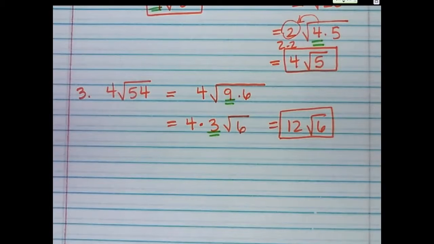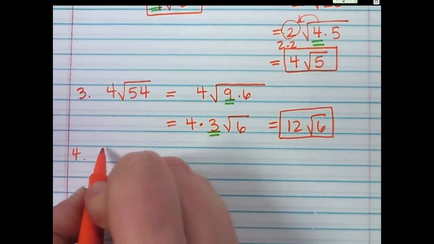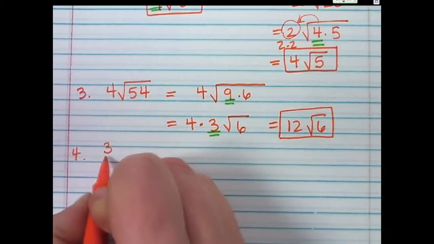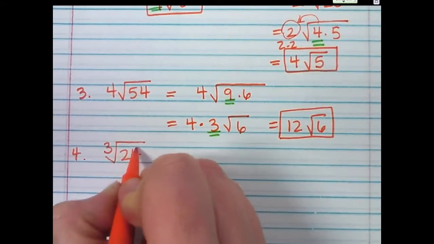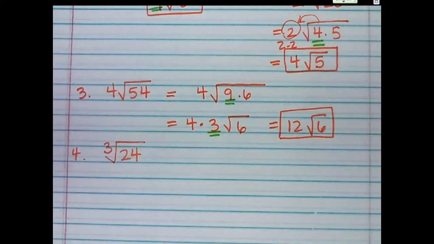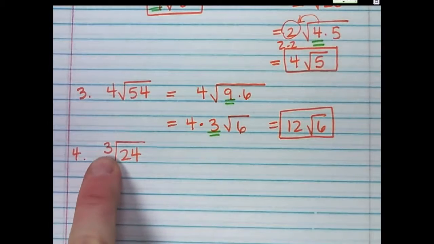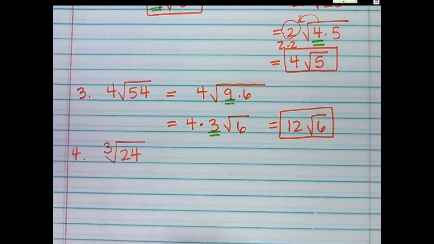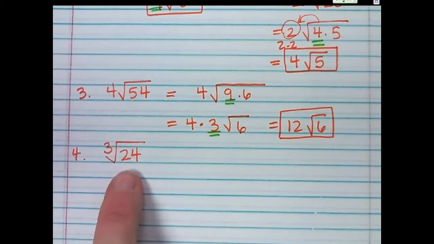Okay, those 3 were square roots, so we'll do a cube root here. Let's do cube root of 24. The mistake I see here is you'll go along and be like, oh, 4 times 6, but 4 is a perfect square, and I'm not doing square roots, I'm doing cube roots. So you look at your second little column, which of course you'll have those memorized. 2 to the third is 8, 3 to the third is 27, it can't be 27.